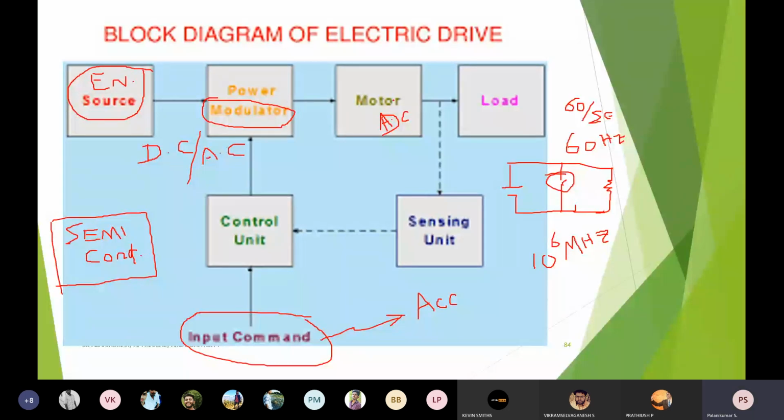Immediately the motor starts rotating, and my load, the vehicle, starts moving. Now the information of the speed and the torque at which it is rotating is used to fine tune the voltage further. This is a closed loop.